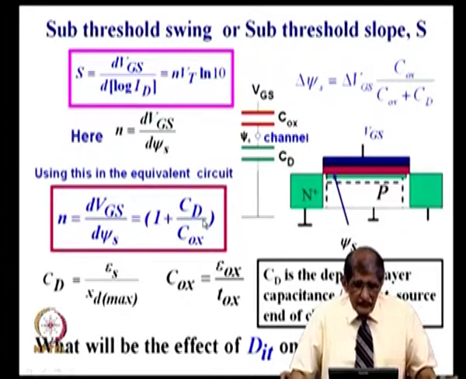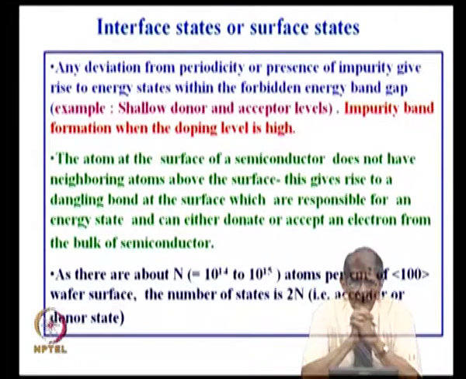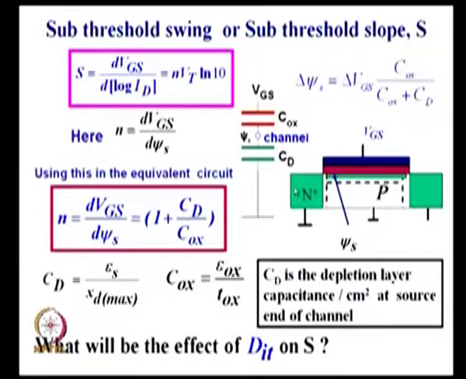Now, I just want to begin with this, but I can't go any further. What you will see is that this is the most ideal case, where only the doping effect is included in this capacitance. When you have interface state density, which gives rise to states at the interface, an additional capacitance comes into the picture, appearing across this.